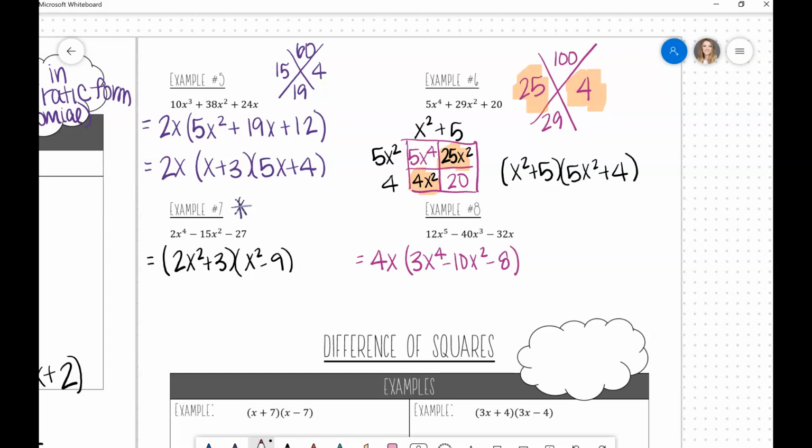So we could use the diamond rectangle to help. Once you do that, that 4x still stays out front, but you'll be left with 3x squared plus 2 times x squared minus 4. Again, this is another one I want you to put a star by. We'll come back to this later on and get that fully factored.